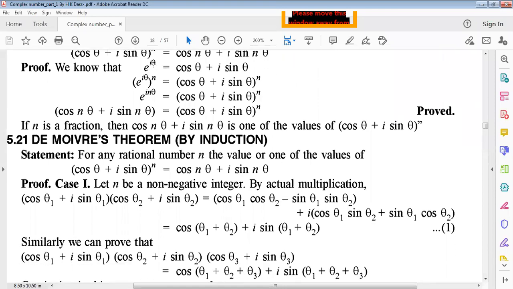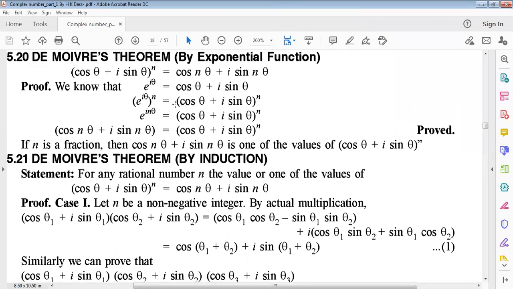Now we know that e to the power i theta in polar form is cos theta plus i sin theta. You must know this. So for e to the power i theta, we take the power n on both sides. E to the power i theta whole to the power n equals (cos theta plus i sin theta) to the power n. So e to the power i n theta equals (cos theta plus i sin theta) to the power n. Now, by the formula e to the power i theta equals cos theta plus i sin theta, here i theta becomes i n theta, so e to the power i n theta is cos n theta plus i sin n theta.